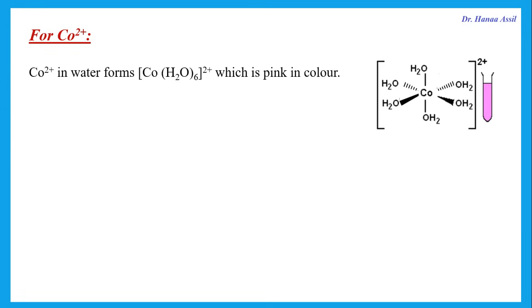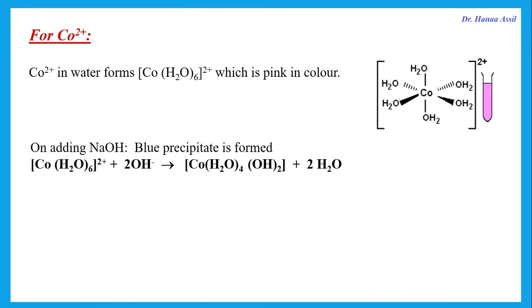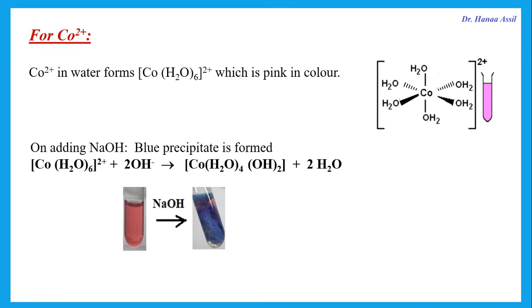Cobalt, you should remember cobalt 2+ ions in water give a pink solution. So the complex between cobalt and 6 water is pink. Now when we add hydroxide, remember that when we add drops of hydroxide at the beginning, what happens is called deprotonation, removal of hydrogens from 2 of the water, so it forms OH as a ligand, and this is a blue precipitate.